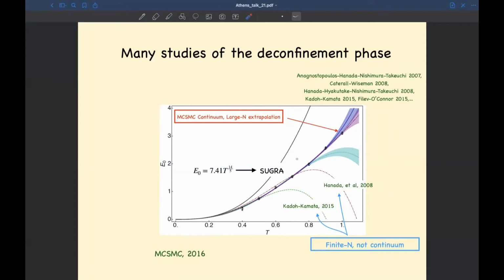Now, the discrepancy here is because the fits that are used include alpha prime corrections. Another thing we're trying to understand now is that we even try to push to this direction, and currently this is under investigation.